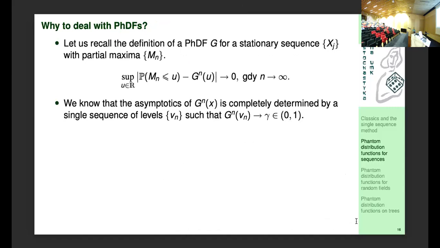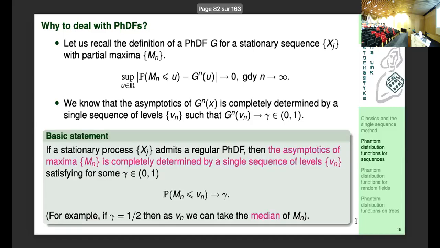By this, the asymptotics of this term is described by this fact. Because of this equivalence, we see that the asymptotics of those maxima for stationary sequences are completely determined by a single sequence satisfying such things.